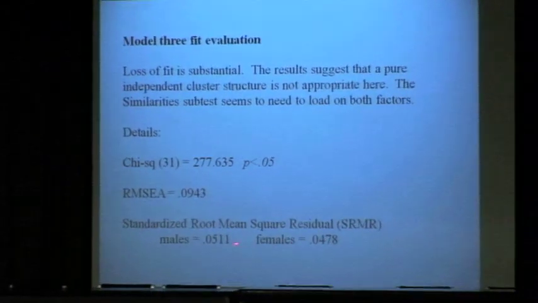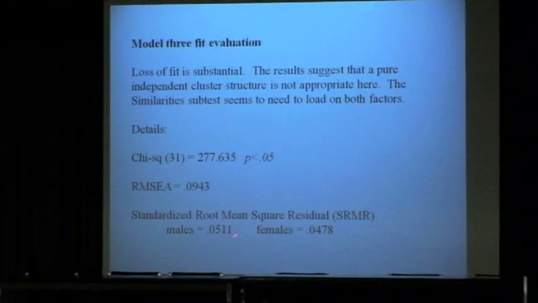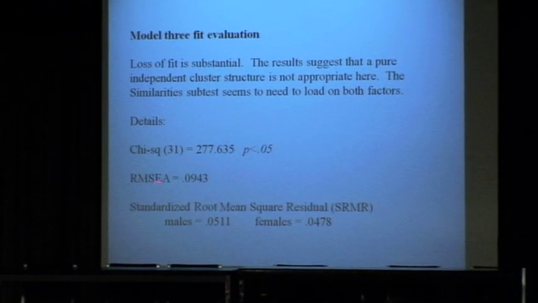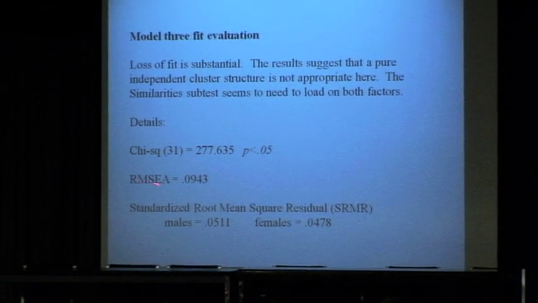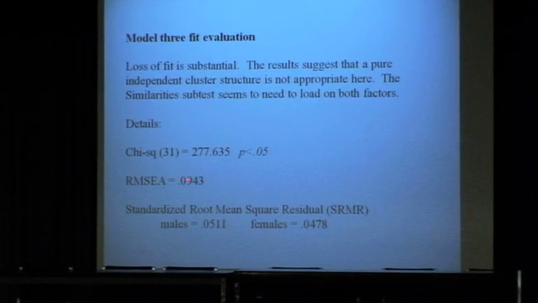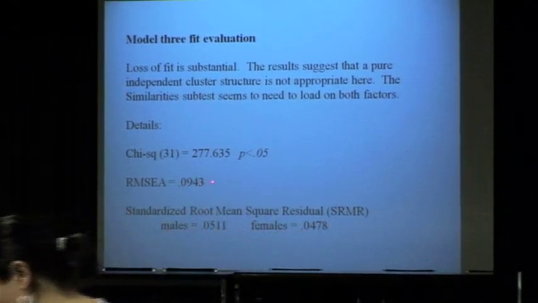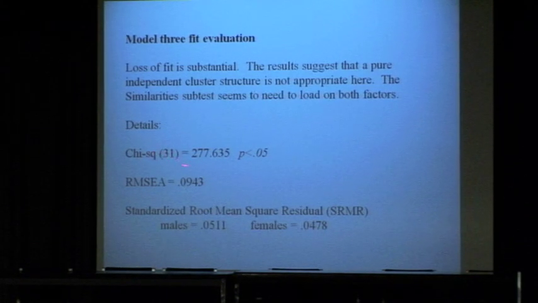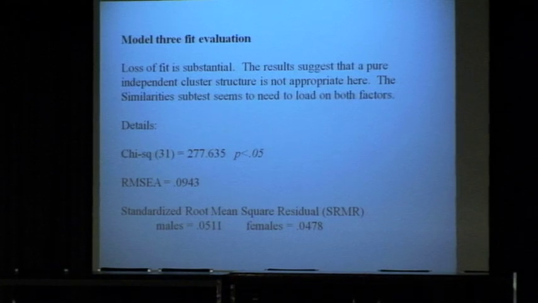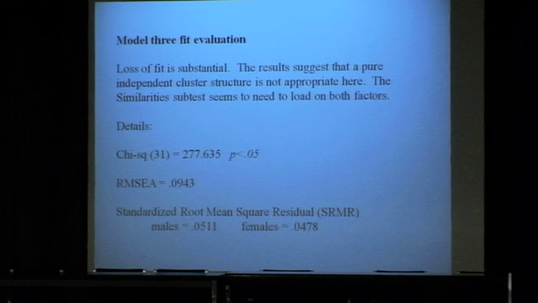These don't look so bad, but they're still hovering around 0.05, but they've gotten a lot worse. I always look at the RMSEA as being the main indicator for me as to how the fit looks, and this is definitely not good. The chi-square has definitely jumped up considerably more than it did from the first and second step. So I don't think this works very well for these data.